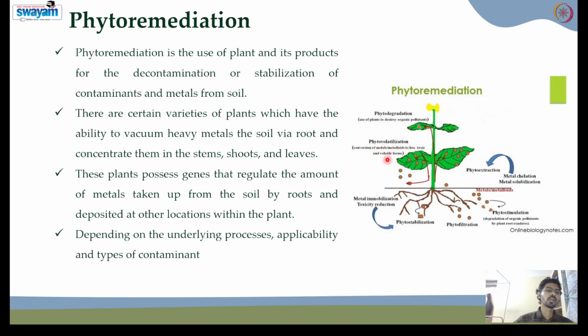This is similar to the concept of biotransformation, where microorganisms try to transform heavy metals, that is Cr6 to Cr3. Likewise, the plant converts the metals or metalloids to a less toxic or volatile form. So these are all the different strategies scientists use while applying the phytoremediation technique.